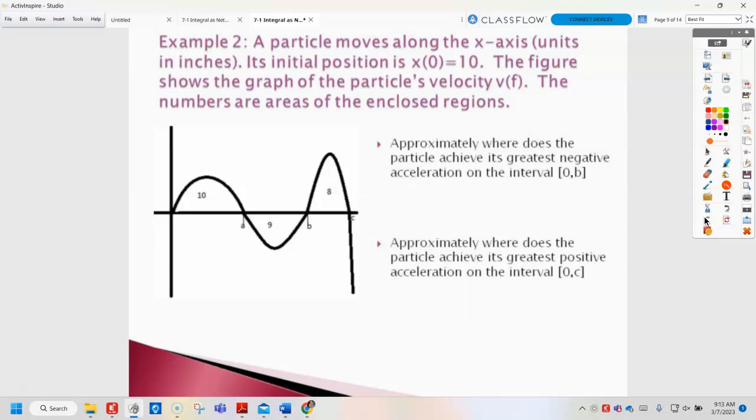So a particle will achieve its greatest negative acceleration when the slope of velocity is the steepest and going down. Because if you want a negative acceleration, velocity needs to be very, very steep and going down.